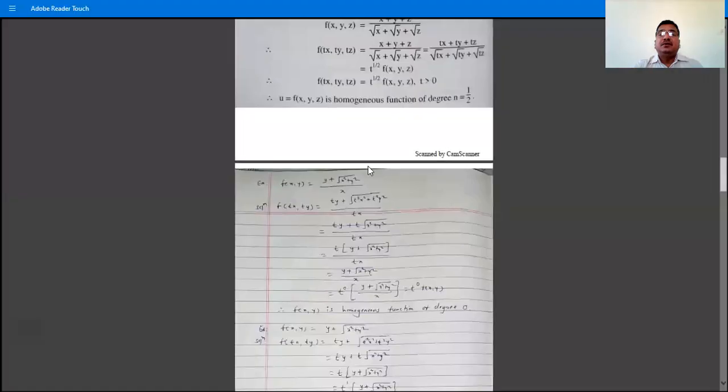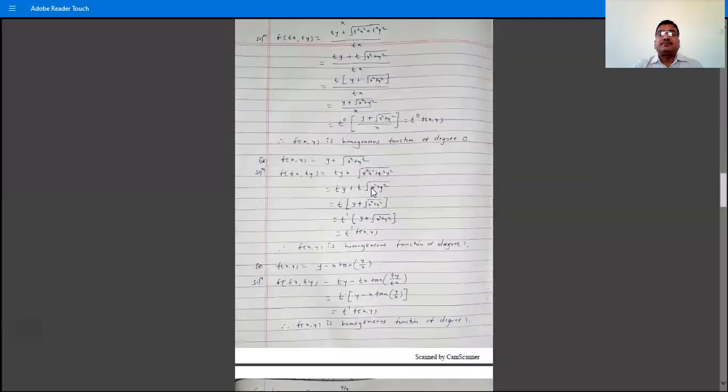So this is important. So y plus root x square plus y square is a homogeneous function of degree 1.